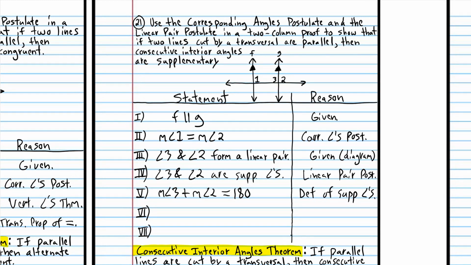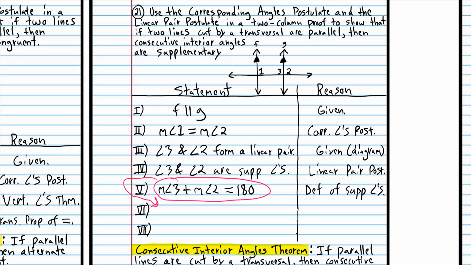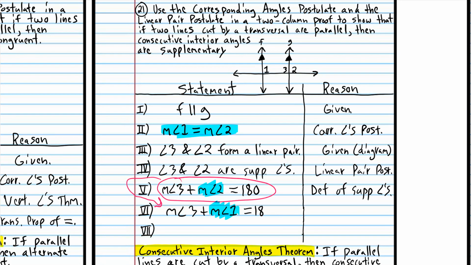Now, we're going to take this equation and we're going to rewrite it here, but instead of writing measure of angle 2, we're going to plug in measure of angle 1, because we know that the measure of angle 1 is equal to the measure of angle 2, and that is substitution.